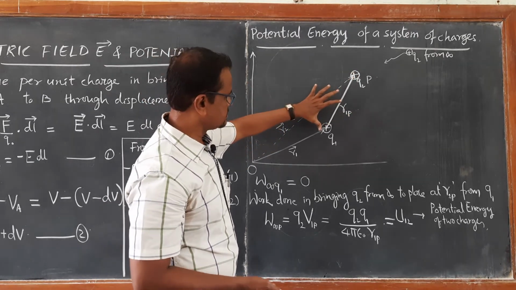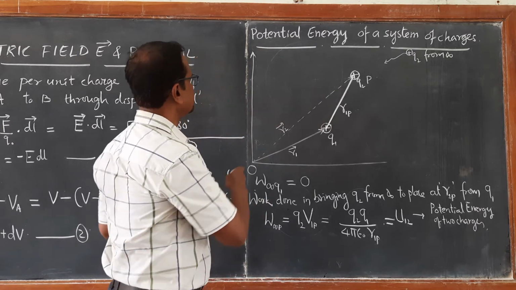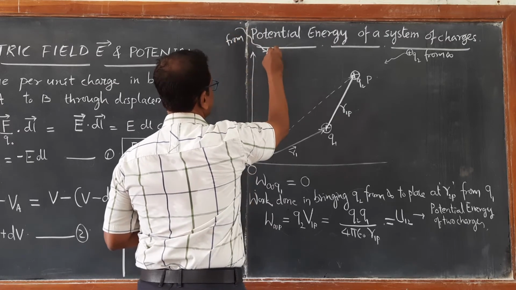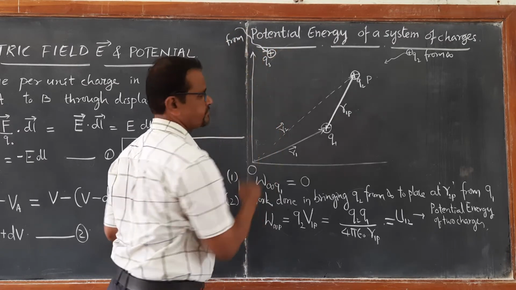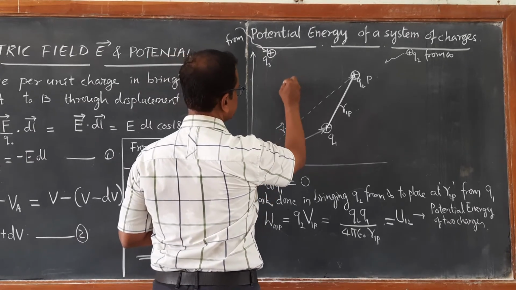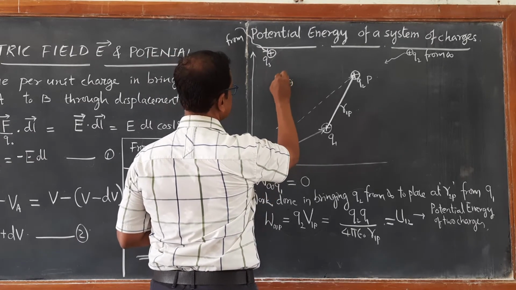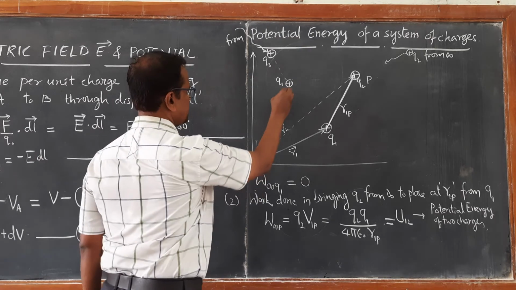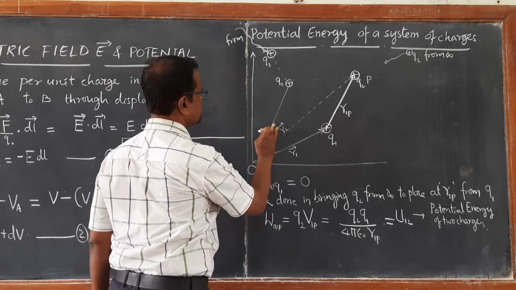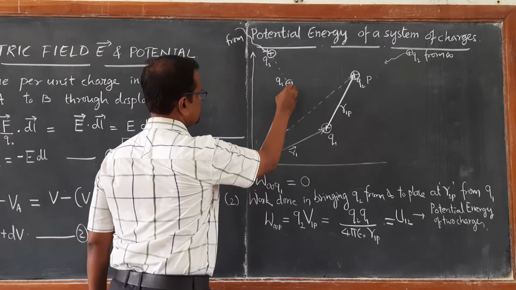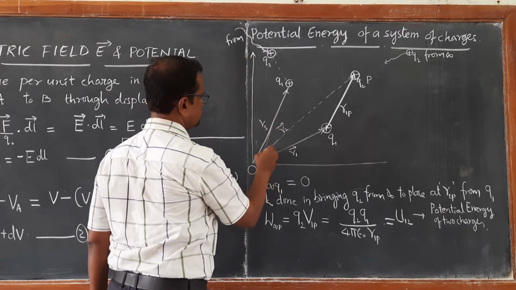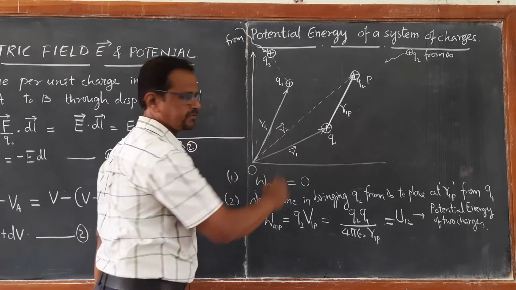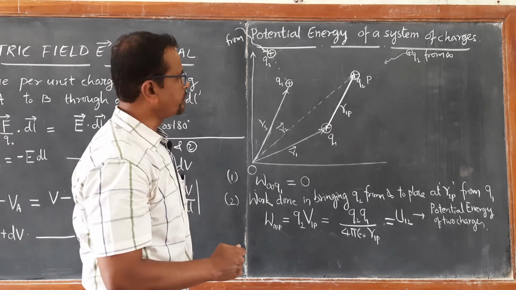In this combined field, I am going to bring a charge Q3 from infinity and place it here. How much work has to be done? Let us say this Q3 charge is at position vector R3 from the origin.